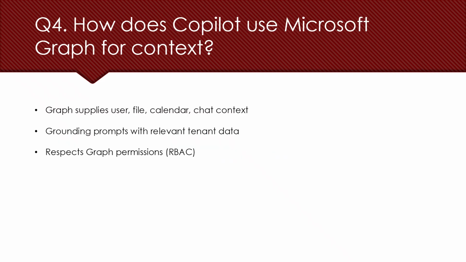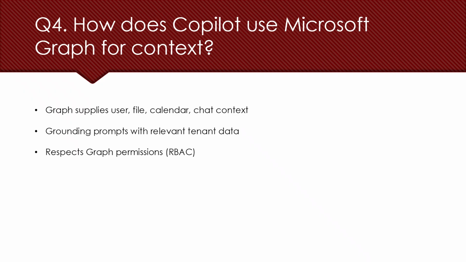Question number four. How does Copilot use Microsoft Graph for context? The Microsoft Graph is the central source of context provided to Copilot. It helps get the user's files, emails, calendar events, Teams chats, and other directory signals.